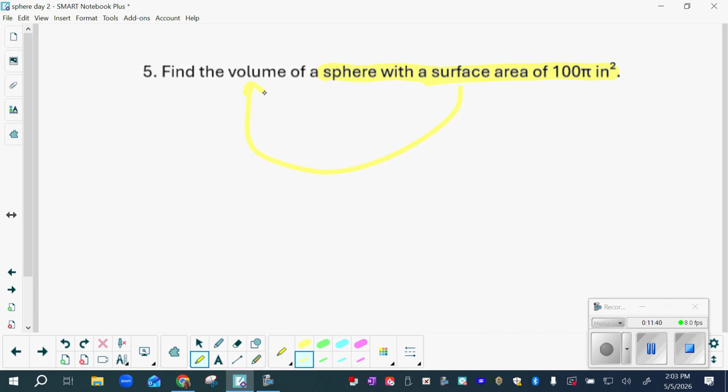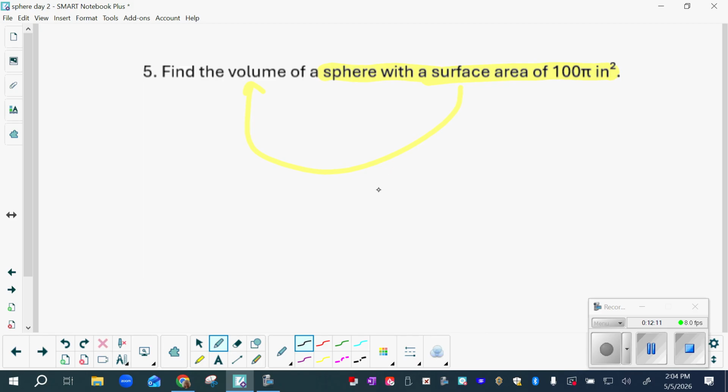So if you know the surface area, could you figure out how much stuff is inside? If you ripped apart a baseball and laid it flat, could you figure out how much volume is in a baseball? So get your radius first, then take that radius and plug it into your volume. This means you are ready for next year if you can walk through this without a whole lot of trouble.